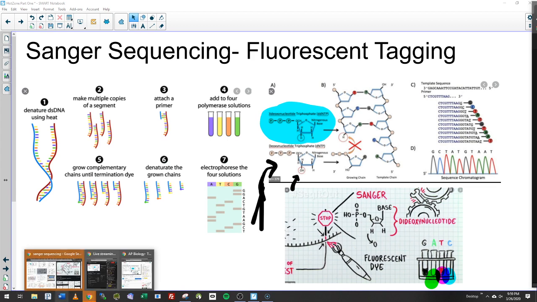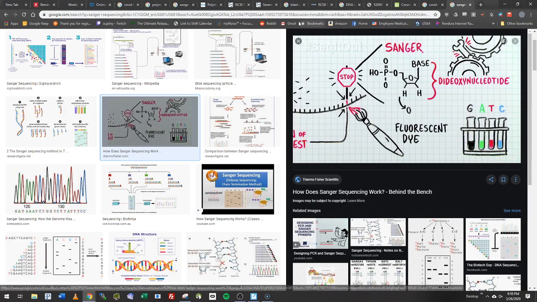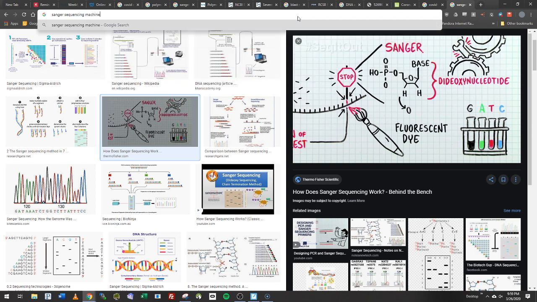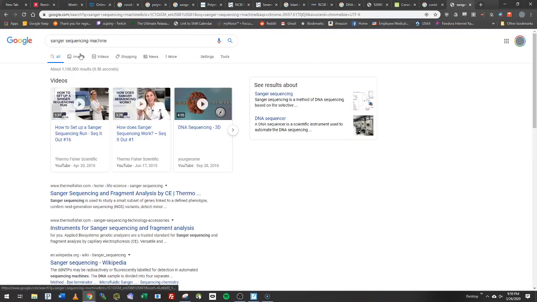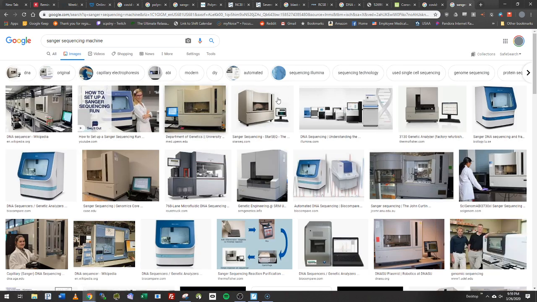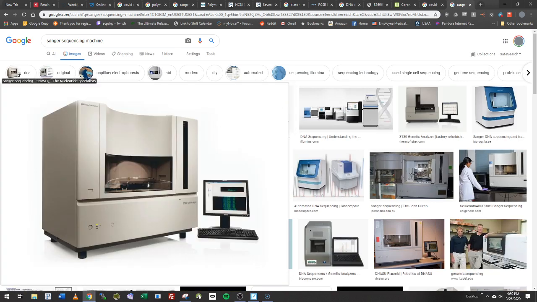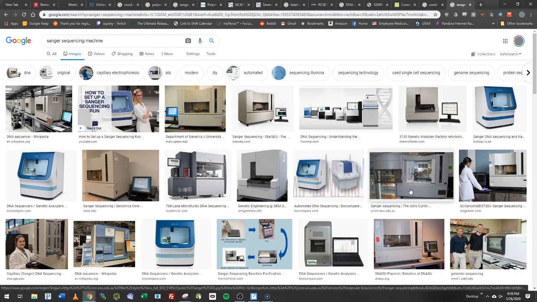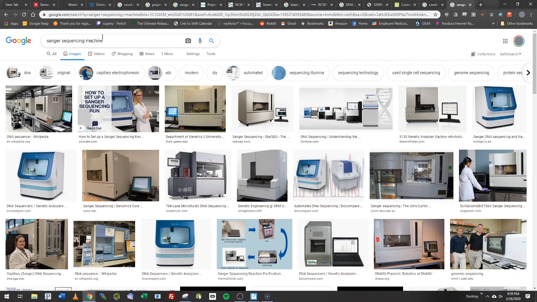I actually want to see if I can find a picture of a Sanger sequencer. Hold on. And apparently I'm losing my voice. Sanger sequencing machine. Yeah, Lily, look how massive these things are. They're not like little pieces of equipment that hang out on your desk. And I'm just curious, Sanger sequencing machine price.